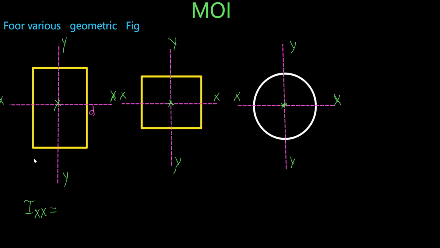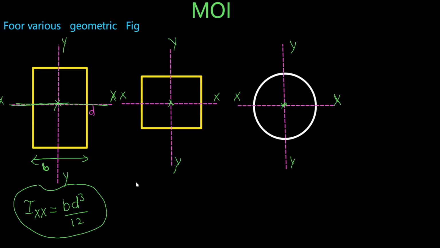You have to take the base first, that is B, about the axis you are calculating. Suppose it's a horizontal axis, you have to take the B that is parallel to the axis. So you will write B, then D cubed, by 12. This is the formula for the rectangle.